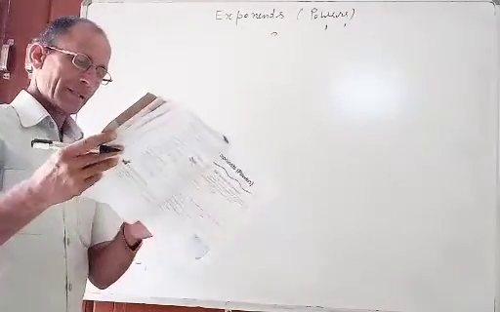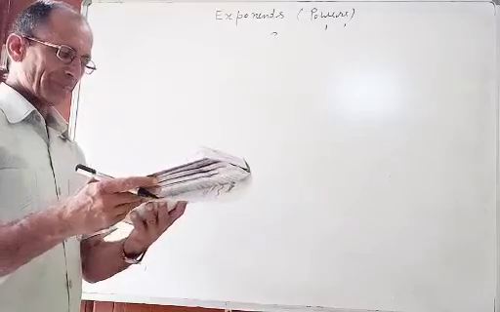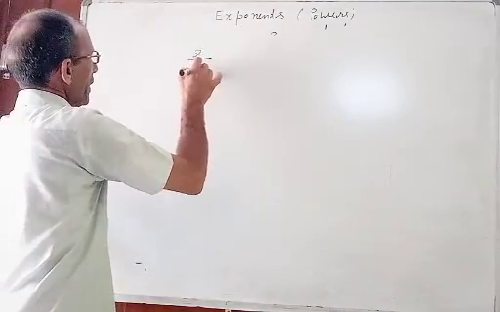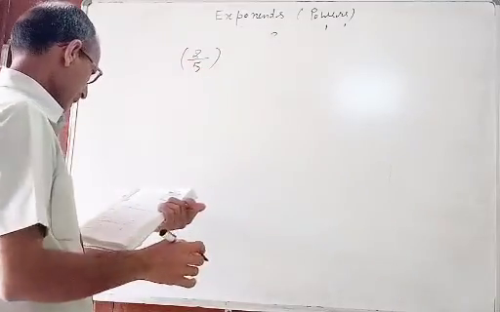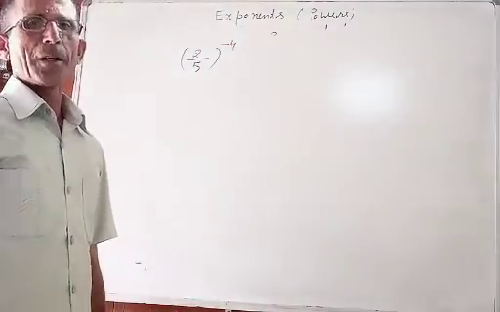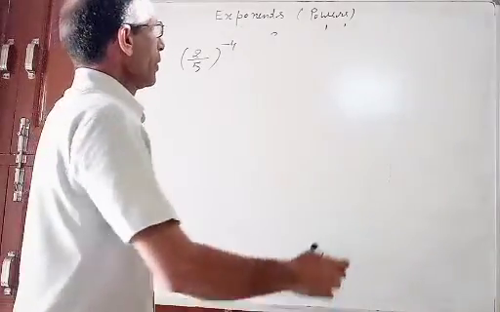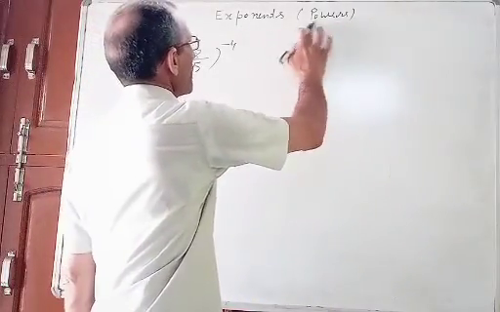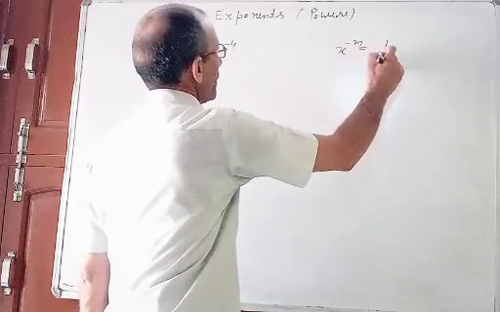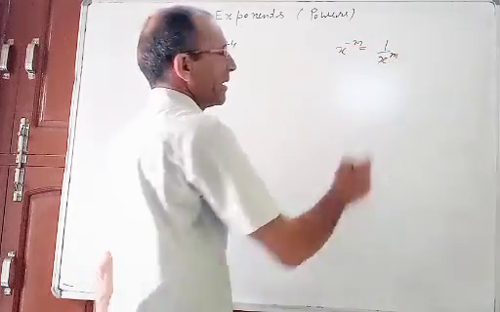Exercise 2.1, the value of 2 by 5 raised to the power minus 4. So, laws of exponents I explained properly. x raised to the power minus m will be equal to 1 by x raised to the power m.